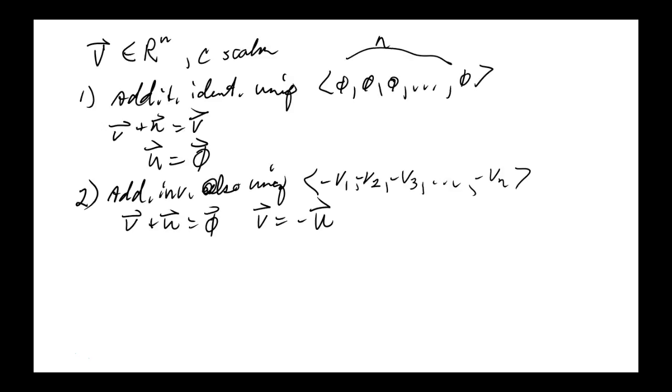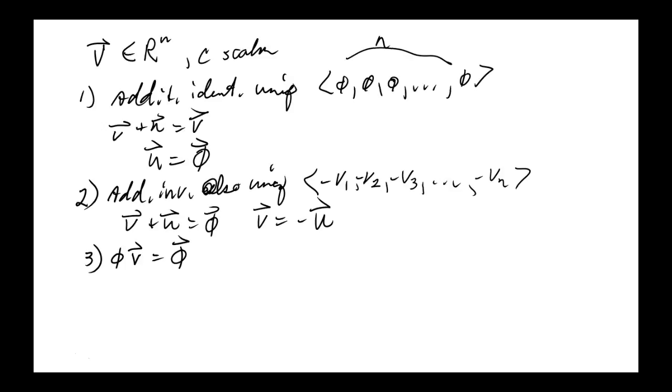Three, if you multiply the scalar 0 times the vector v, you get the zero vector. If v is in n space, then the zero vector is in n space. If you multiply a scalar times a vector, you scale every entry in that vector: v1 times 0, v2 times 0, and so on, and you get 0, 0, 0, 0.